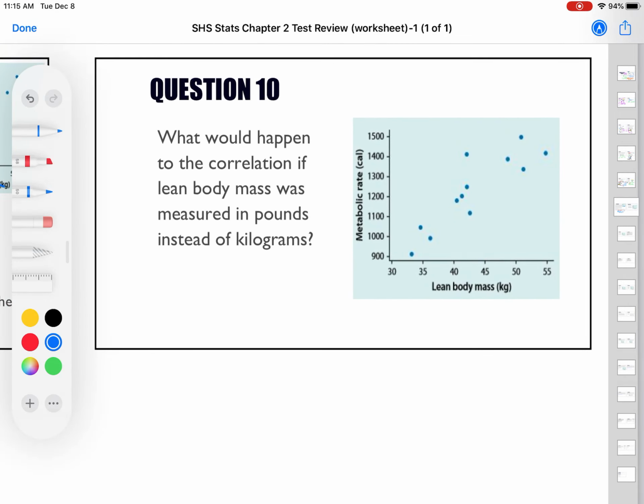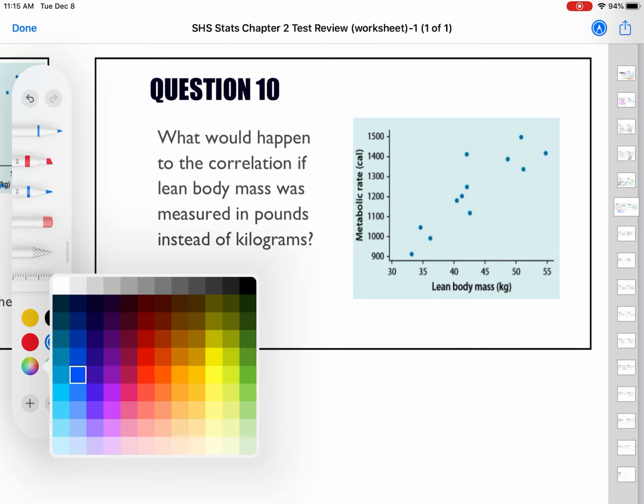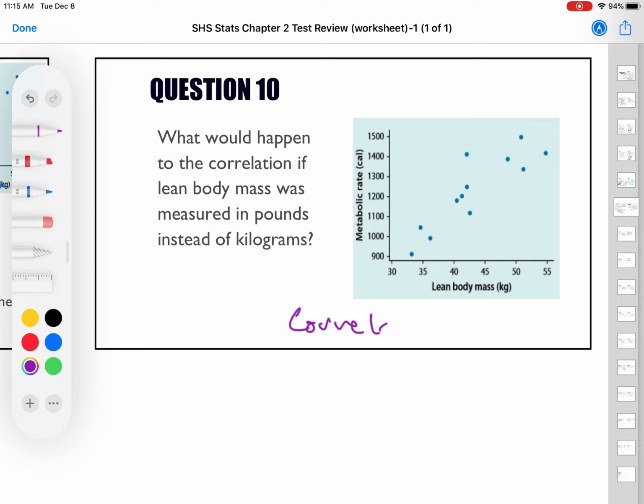Question number 10. What would happen to the correlation if the lean body mass was measured in pounds instead of kilograms? Would it change? Correlation. So this one's talking about unit change for correlation.